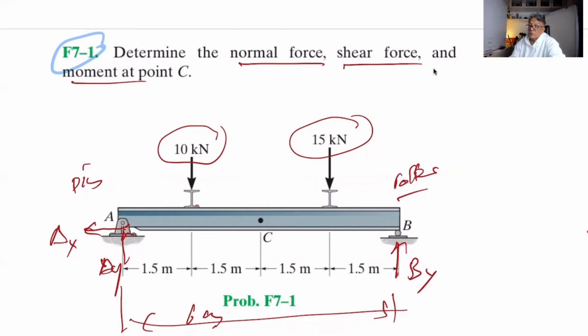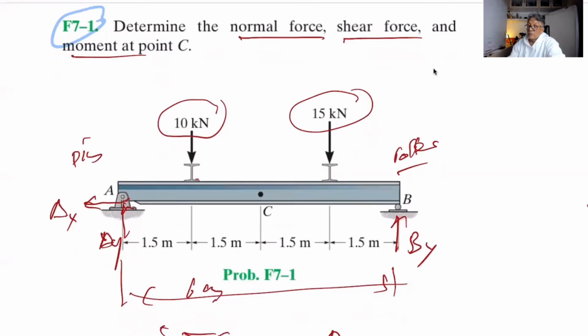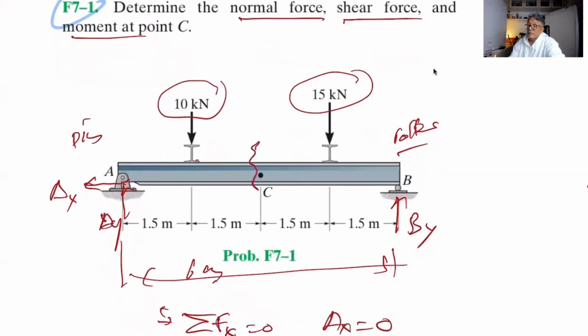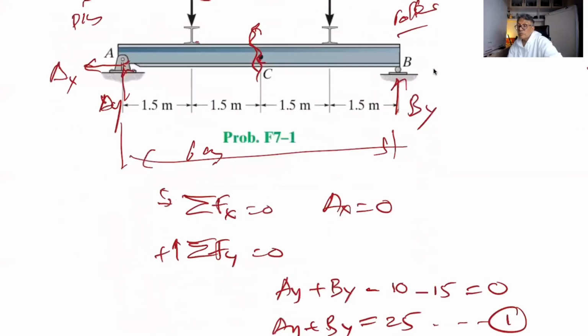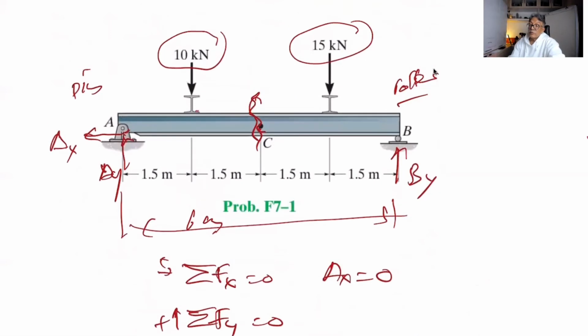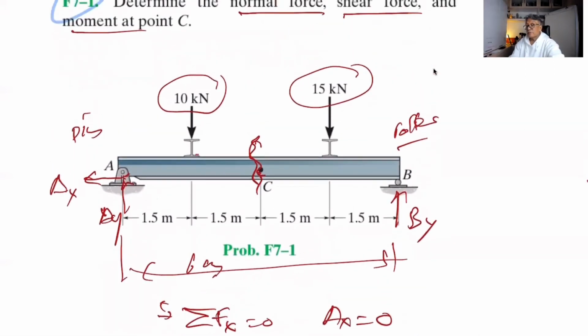To make it visible, you expose the internal loading as external loading by cutting it at any location, say at C. And then write down the free body diagram as we have learned before.